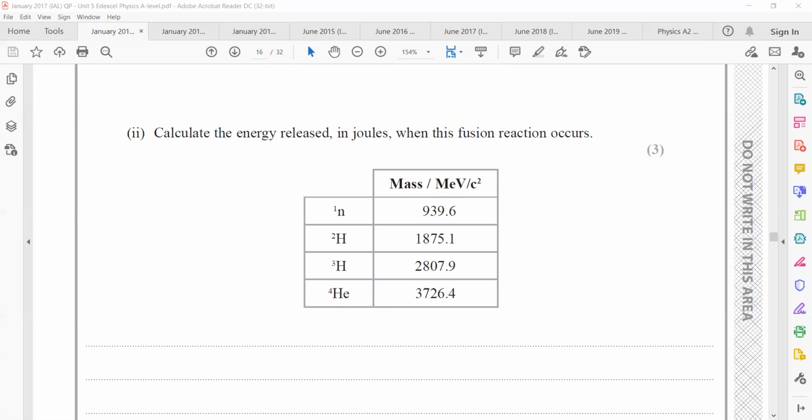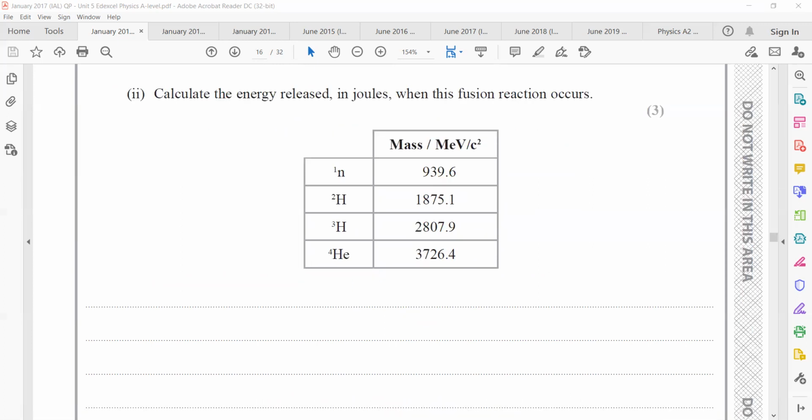So we'll calculate the difference in the masses. The reactant minus the product will give us the mass defect. But the final answer we normally represent in joules.